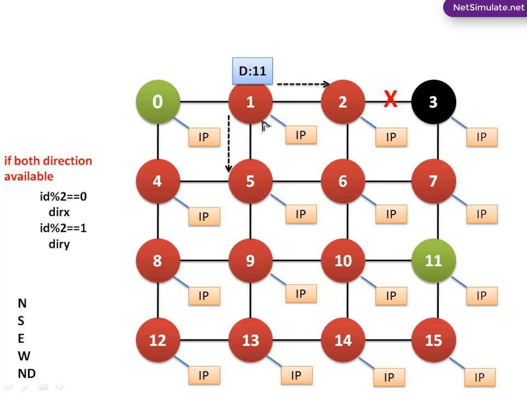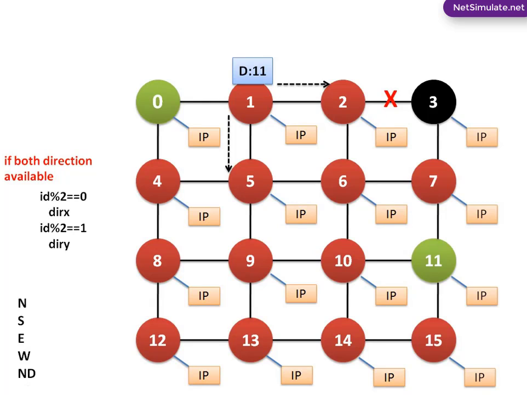Now after deciding the direction in x and y, fault tolerant XY runs one more piece of code. What that code does is take those next nodes, which are 2 and 5, and check whether these two nodes have any failed link or not.